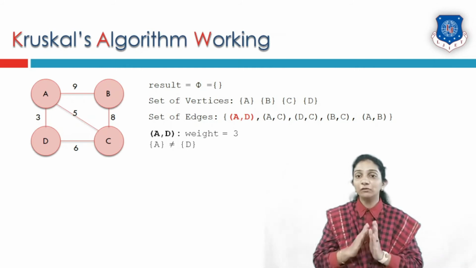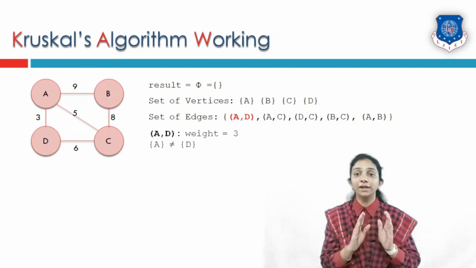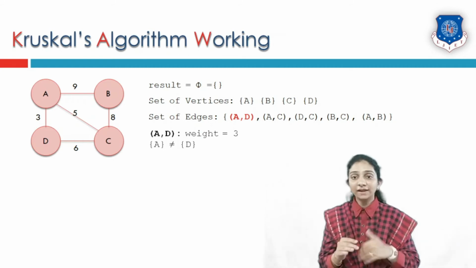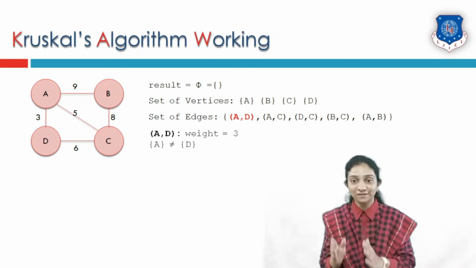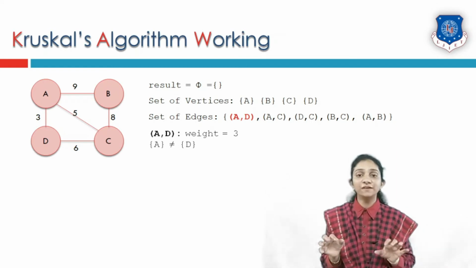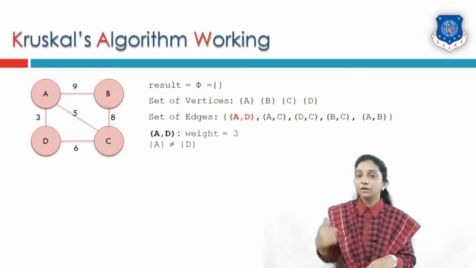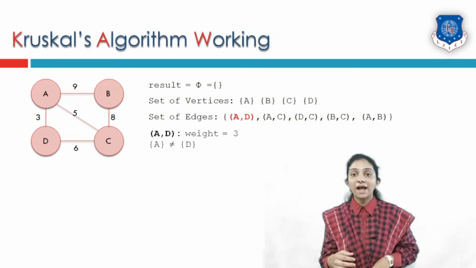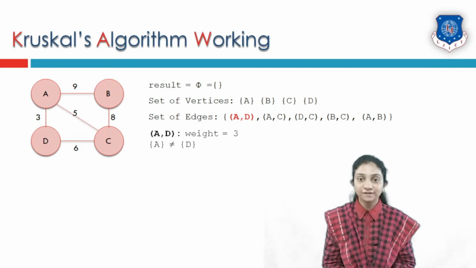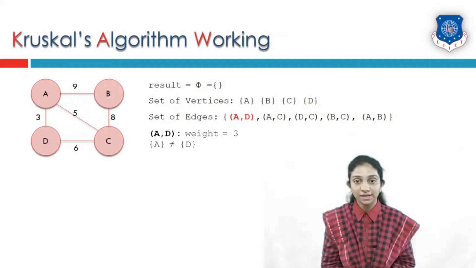That means we find the set which contains vertex A and the set which contains vertex D. If these sets have different elements, we say that the sets are unequal. Here you can see set A and set D have different elements. That's why they are unequal.